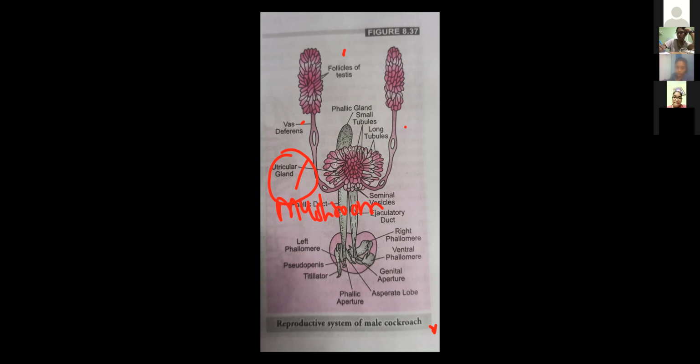So mushroom shaped gland, or else you can say the utricular gland, that is formed by tubules, long tubules and the small tubules, right? And the third part, that is seminal vesicle, is also present. Utricular gland is formed by three structures: long tubule, small tubules, and seminal vesicles. Right?